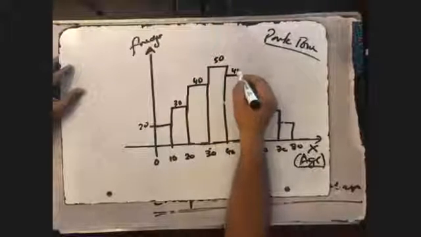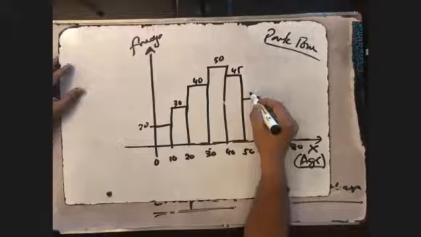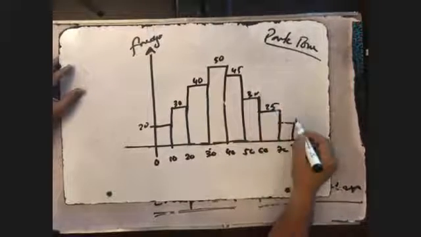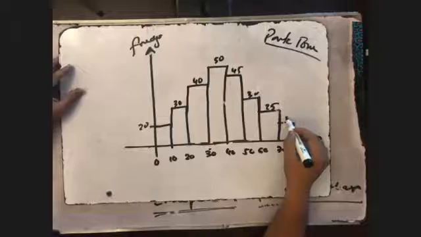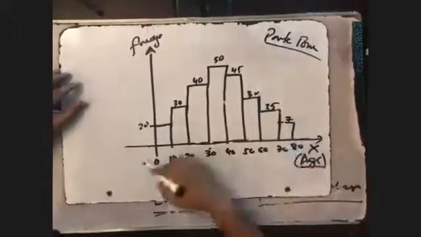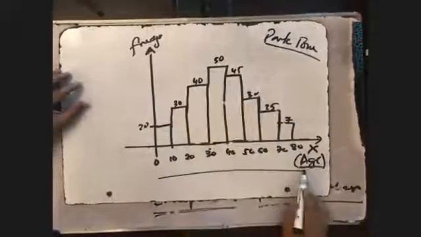And this could be 45, and this could be another 30, and this could be another 25, and this could be 7, whatever. So what I found out was that we have continuous data.